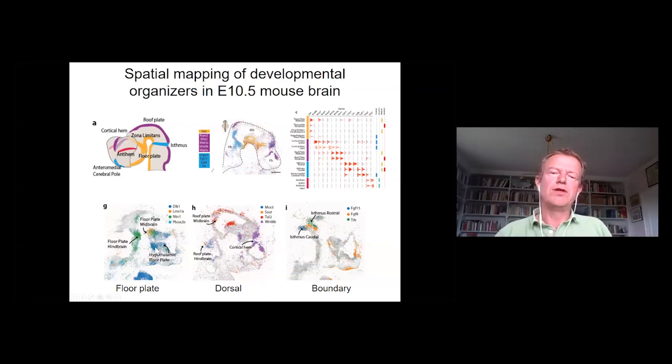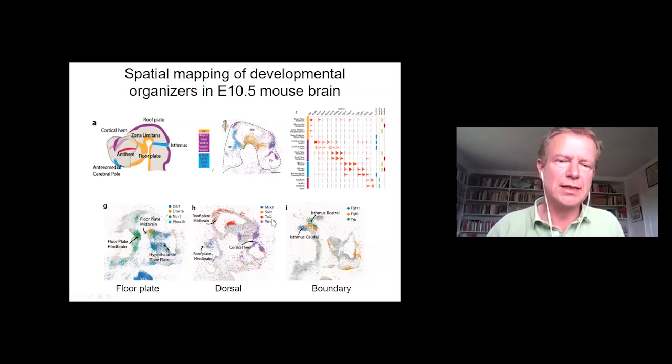And one could even see with another set of genes that these organizers could be structured, so there are different subpopulations of cells that occupy subsets or parts of these organizer regions.